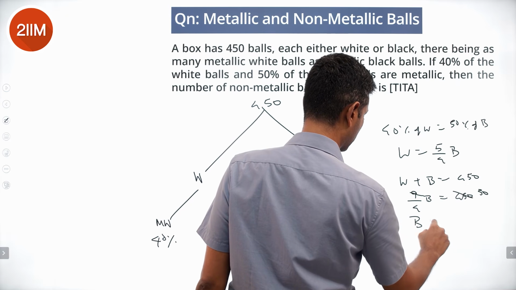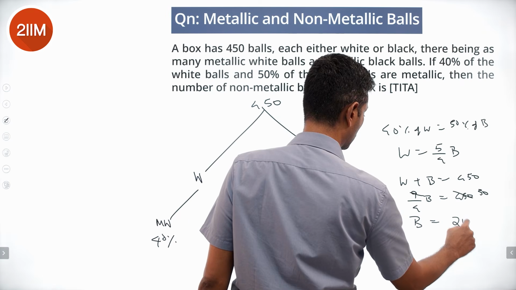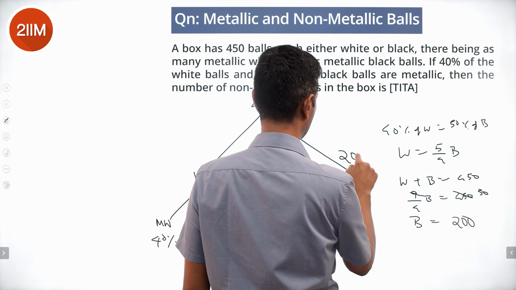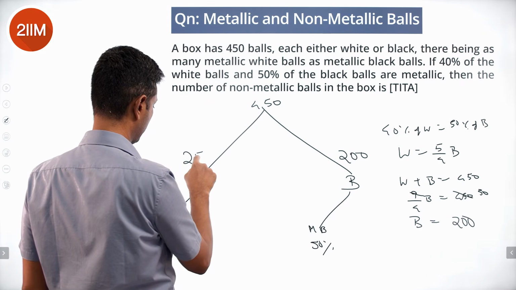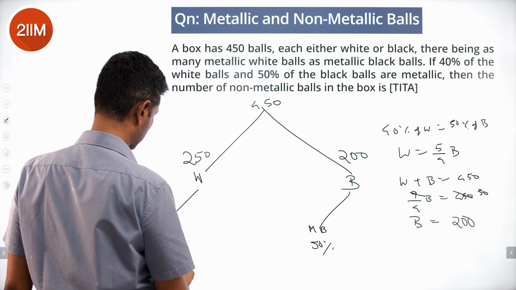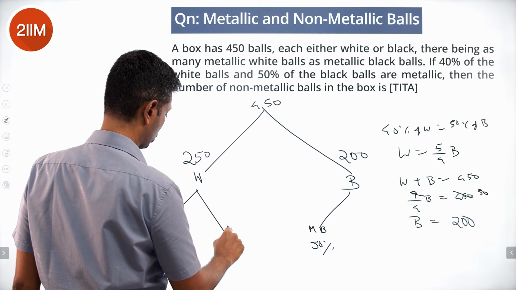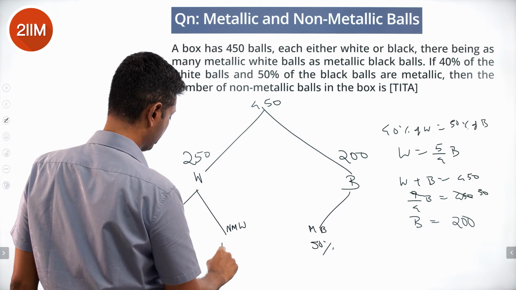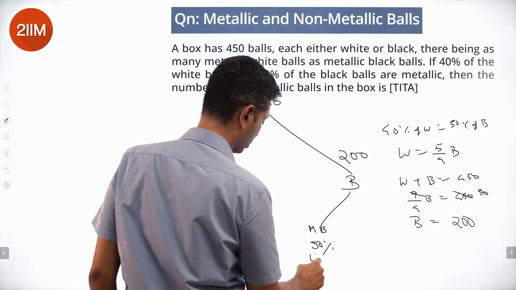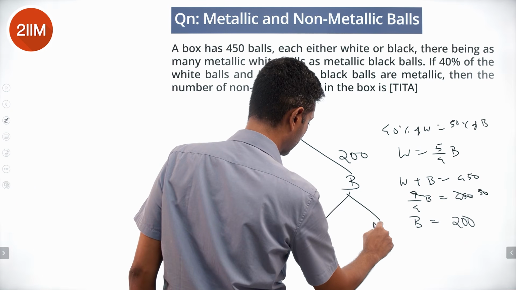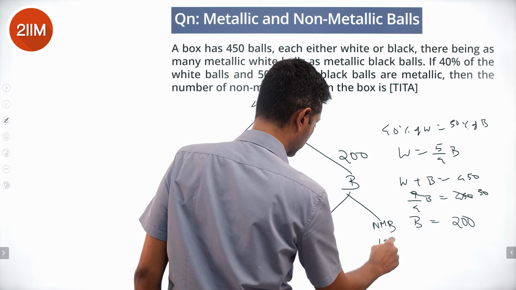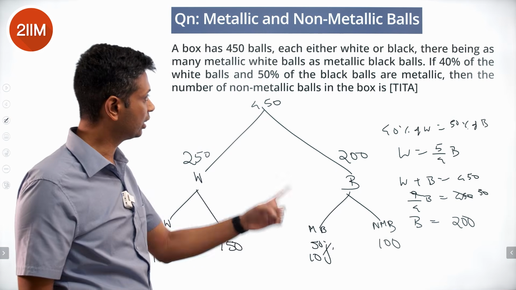So the number of black balls is 50 into 4, 200. This is 200, this is 250. Metallic is 100. Non-metallic white would be 150. Non-metallic black would be 100.